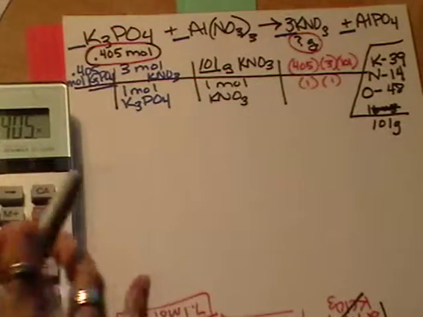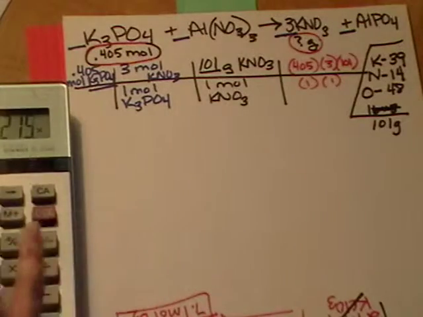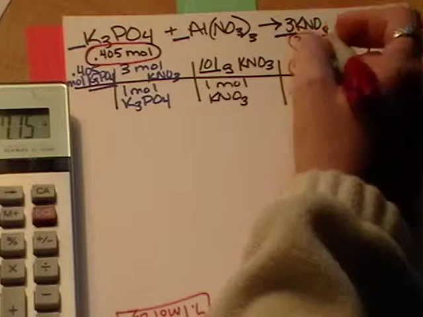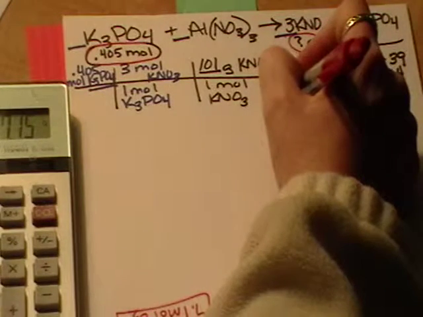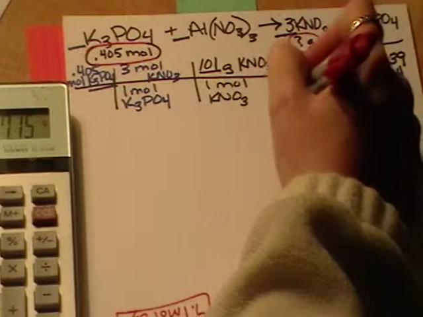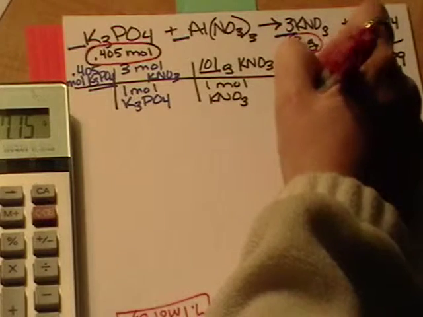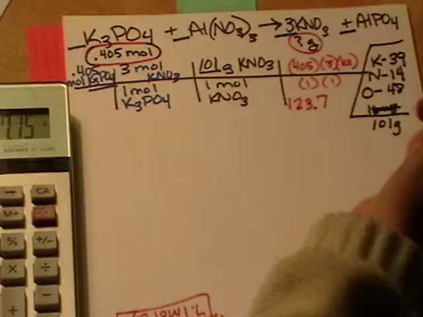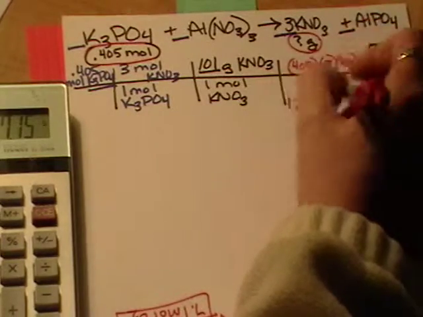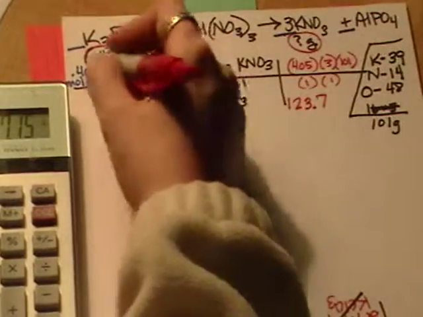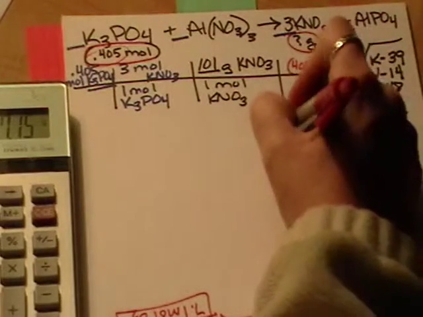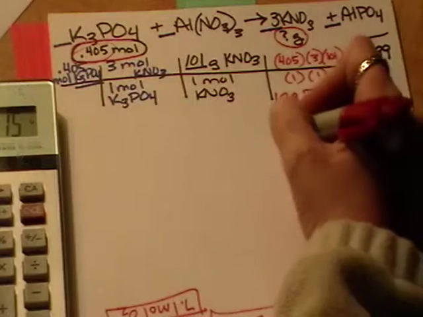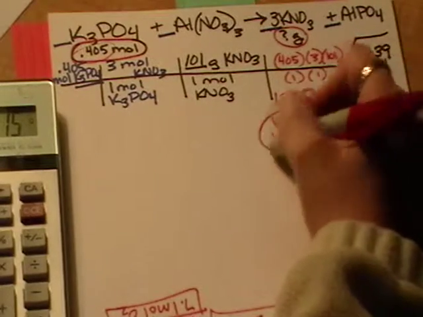Okay, times 3 times 101 should be 123.7, or rounding to the nearest, I have 3 significant digits there, so it would be 124 grams of KNO3. Okay.